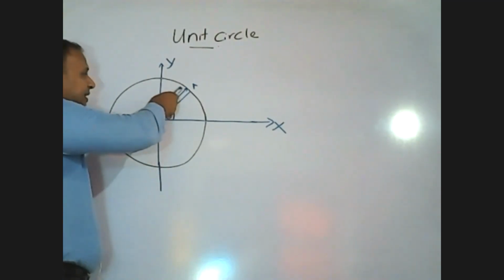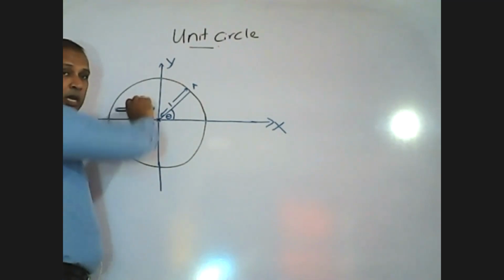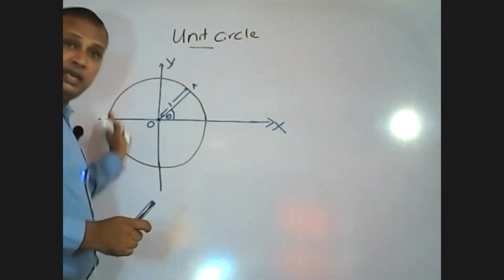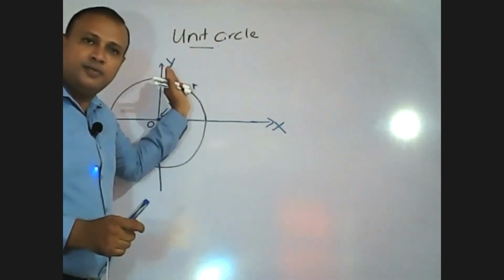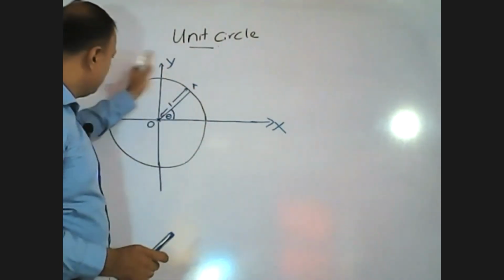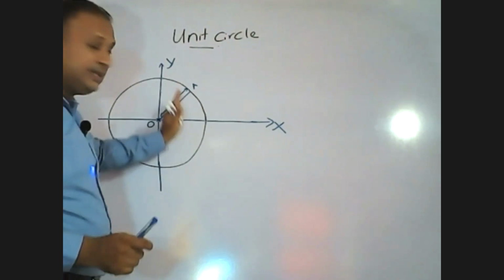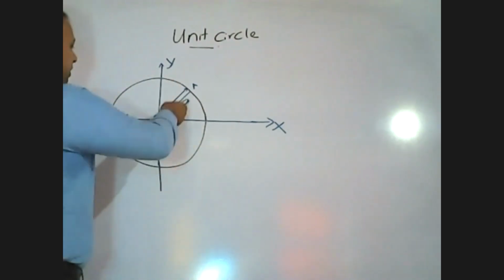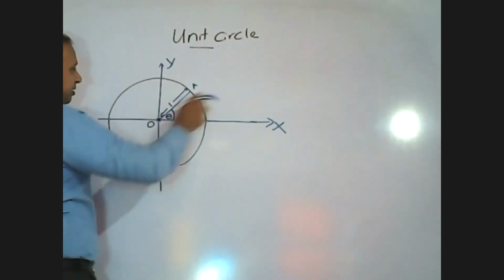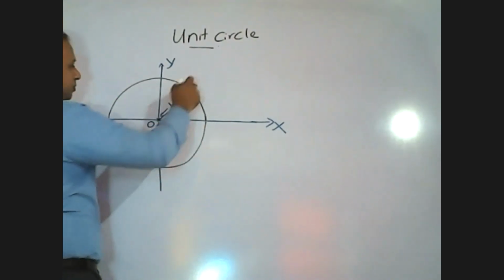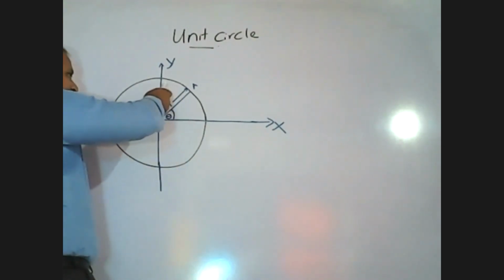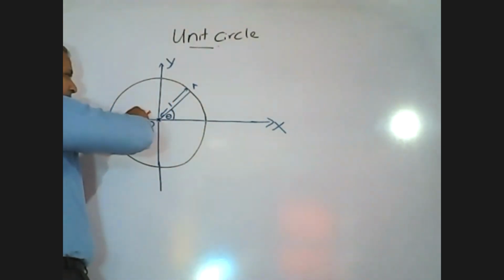If I rotate this OA line segment around the origin, I can get any angle, no? If I rotate this line segment by 360 degrees, it comes back to this position. So I can rotate this line segment by any amount.